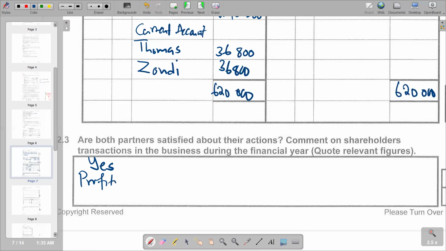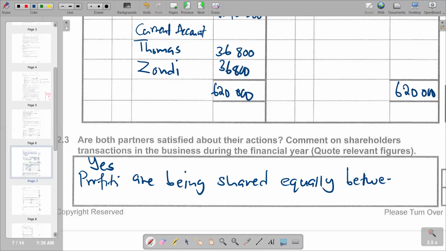Profits are being shared equally between the partners. So if you decide to say no, maybe you can give a reason, saying we see that Thomas has contributed an additional 60,000 rands.